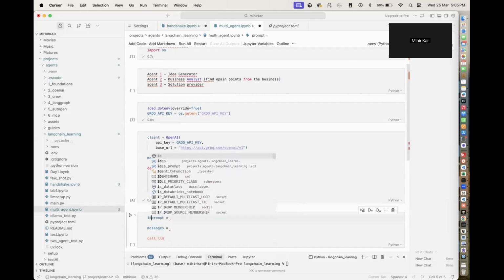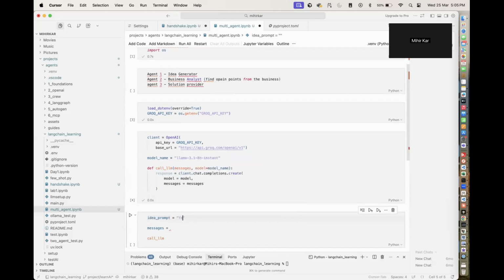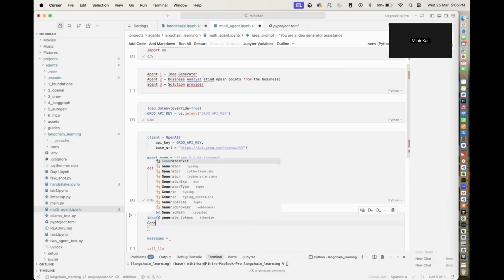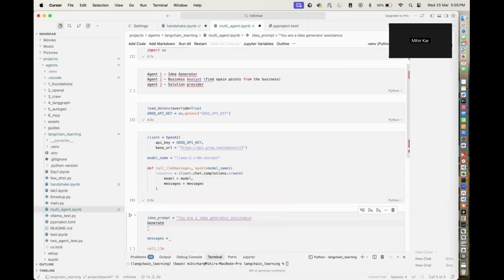Prompt here we need an idea prompt. Then next one, finish the idea.